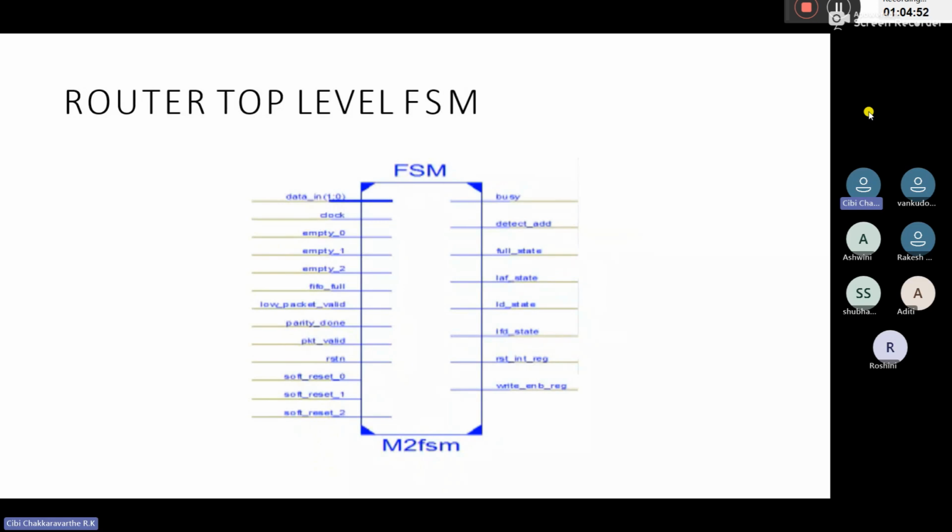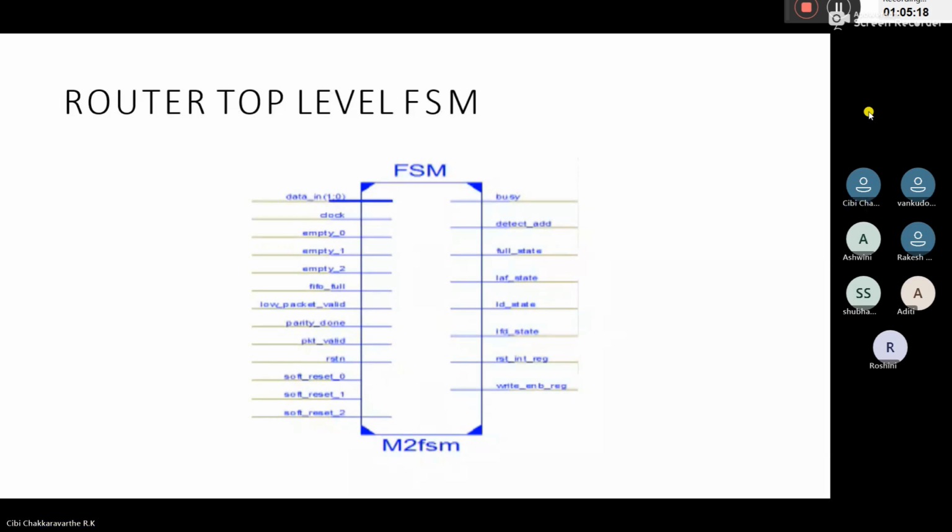If we get some particular condition, which state it should move to. Like that, it will control the whole process. It is like a brain which monitors the input data and FIFO status and all, and controls when and where data is to be delivered and routed. This is the use of FSM, finite state machine.